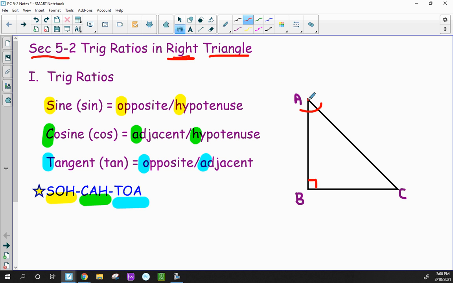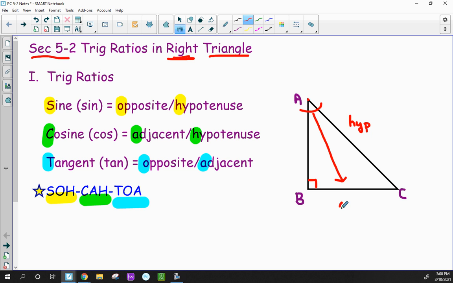If you are in this position in the triangle, then first off, the hypotenuse is always the easiest side to find. It's always across from the right angle. So this is the hypotenuse for this particular picture. If I am looking from the perspective of angle A, the opposite of angle A is the side that is across from that angle.